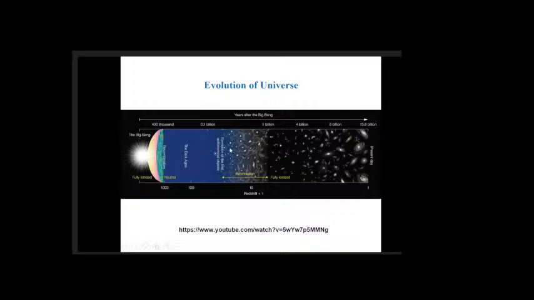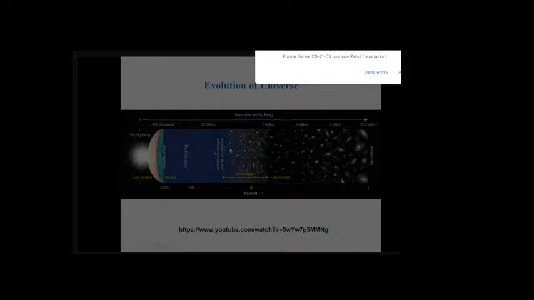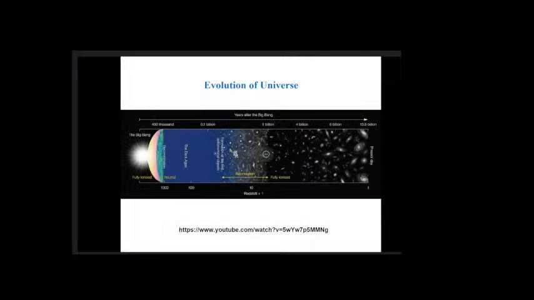Those stars started ionizing their surrounding regions, and those regions started to grow because stars are continuously emitting ionizing photons. Those regions grow in space, and they are like ionized bubbles inside the neutral hydrogen medium.